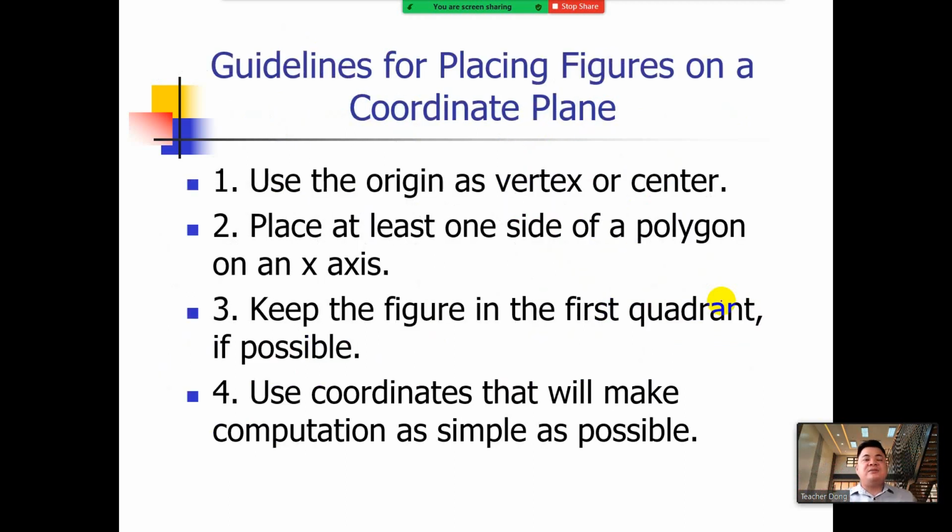Now, let's proceed. Guidelines for placing figures on a coordinate plane. Number 1: use the origin as vertex or center. When you are making a figure in the Cartesian coordinate plane, focus on these guidelines in identifying the points you will use. As much as possible, use the origin as your vertex or center.